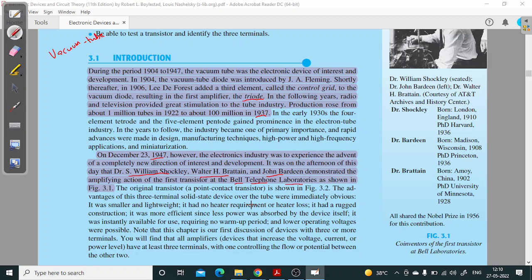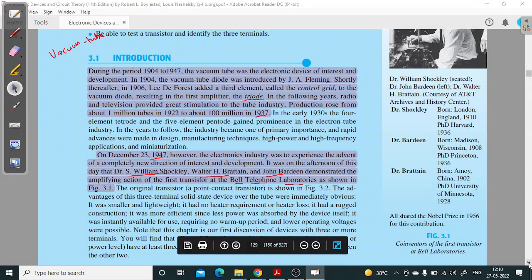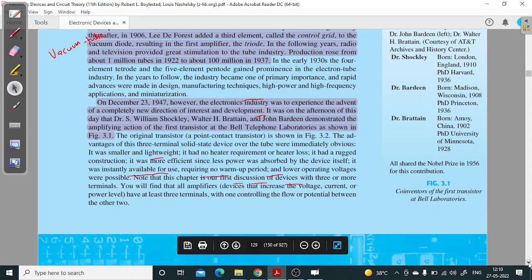BJT was smaller in size compared to vacuum tube. It consumed much less power. The noise was less, and the space it took was less. So the advantages were obvious, and because of that BJT became very popular in a short span of time.